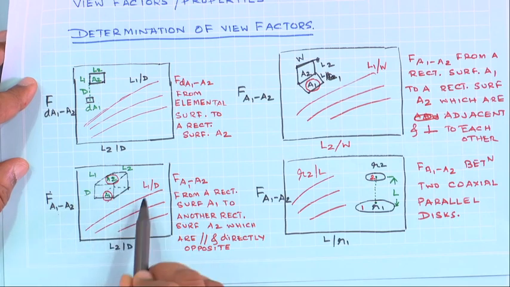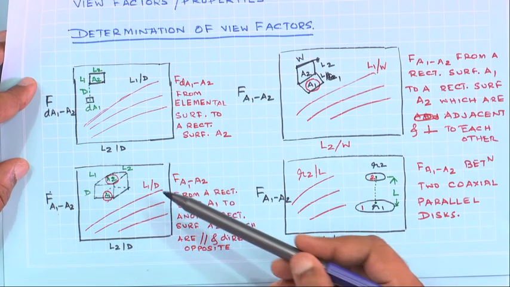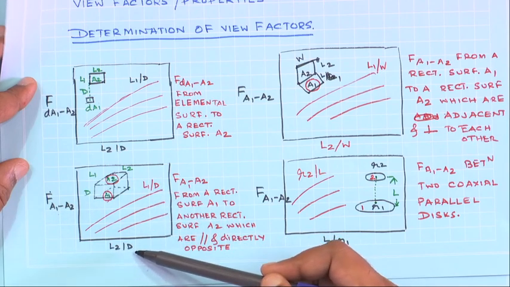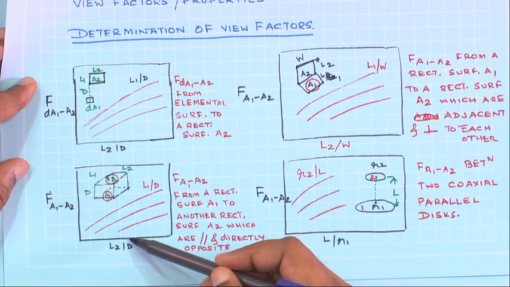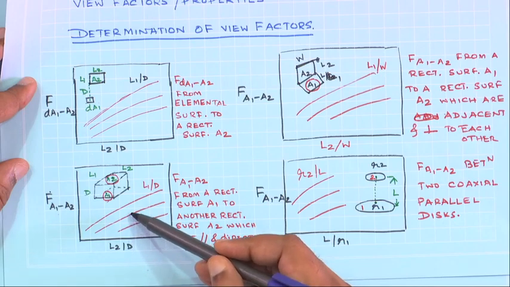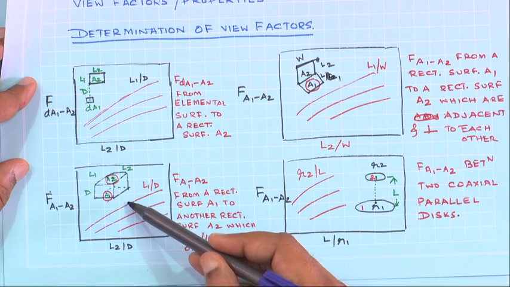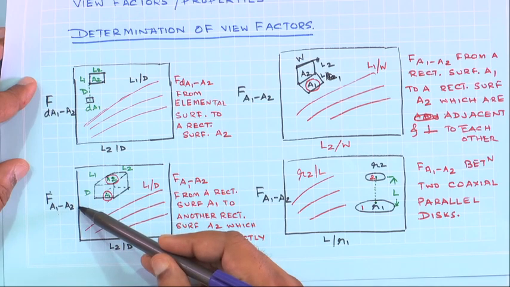Your L1 and L2 are the same here and also equal to D since it is a cube. So, L1 by D is 1, L2 by D is 1. From the point where L2 by D is equal to 1, you go all the way to the curve which corresponds to L1 by D equals 1 and you reach the value of F A1 to A2.